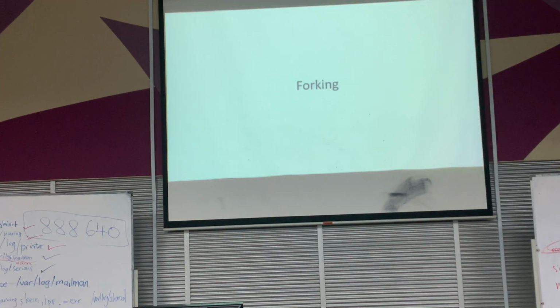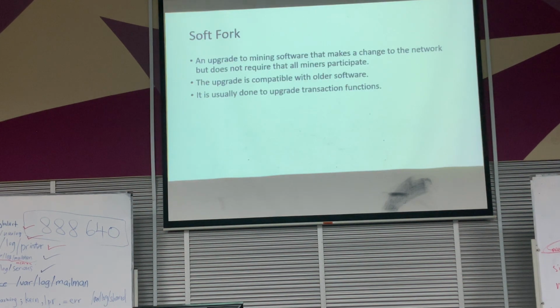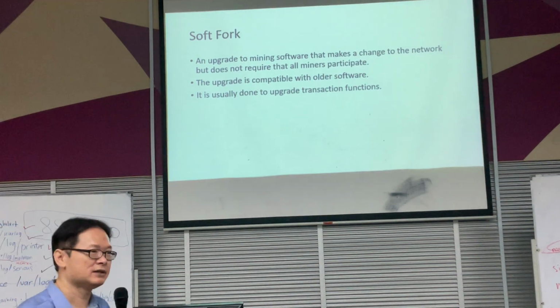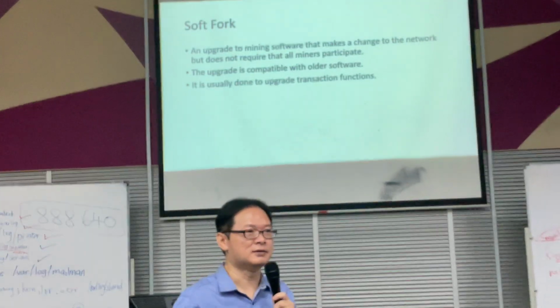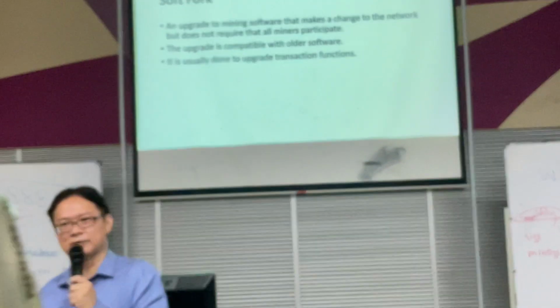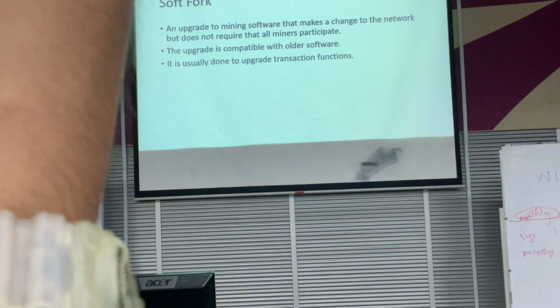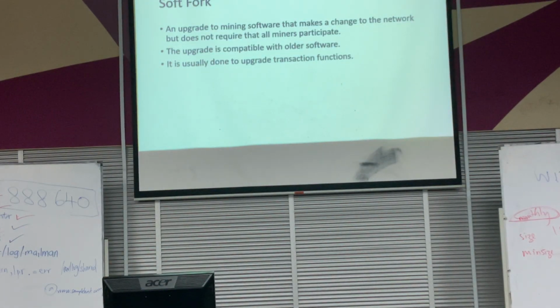Okay, so next we have this topic: forking. What's forking? We always need to upgrade our software. This is not talking about your blockchain-based application; I'm talking about the software related to your blockchain platform, like Ethereum.